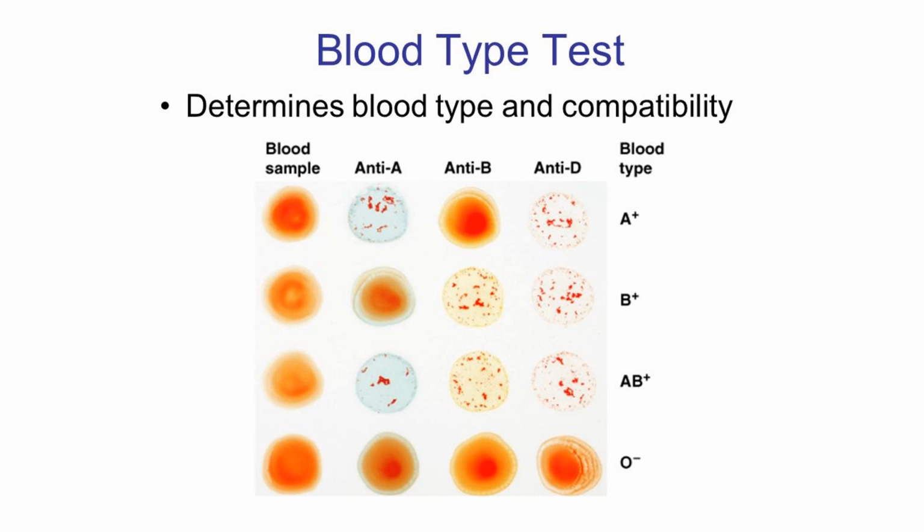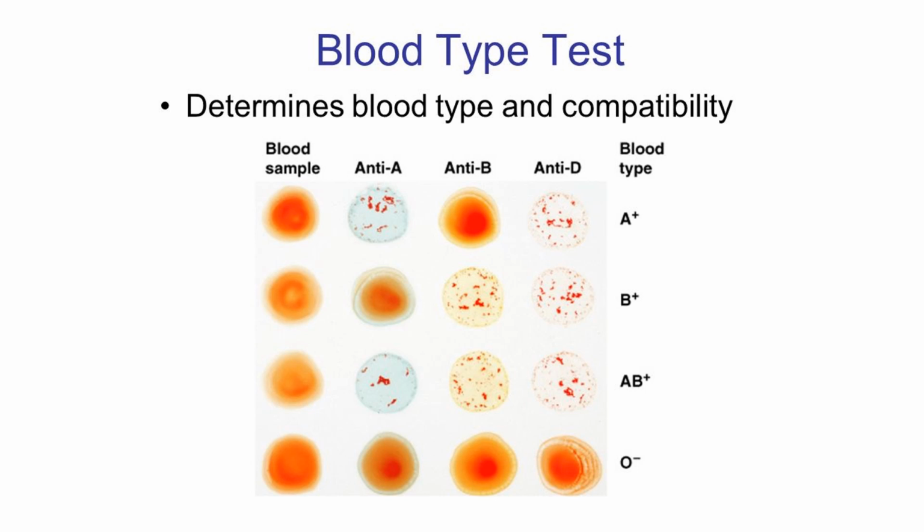Third one down. This blood treated with the anti-A antibody results in clumping, meaning that that antigen is present in that blood.